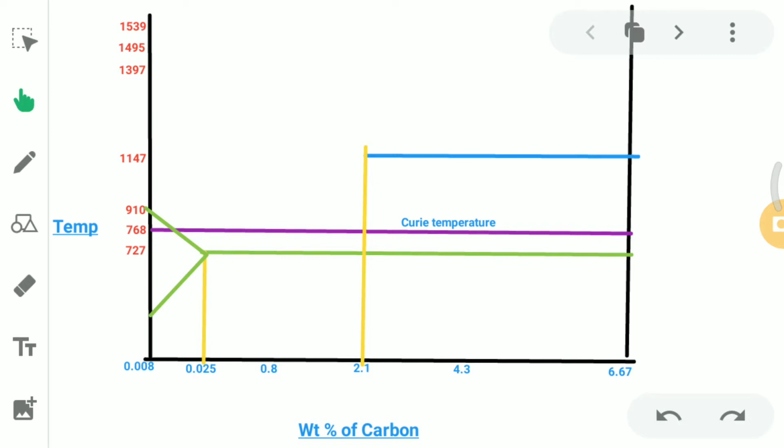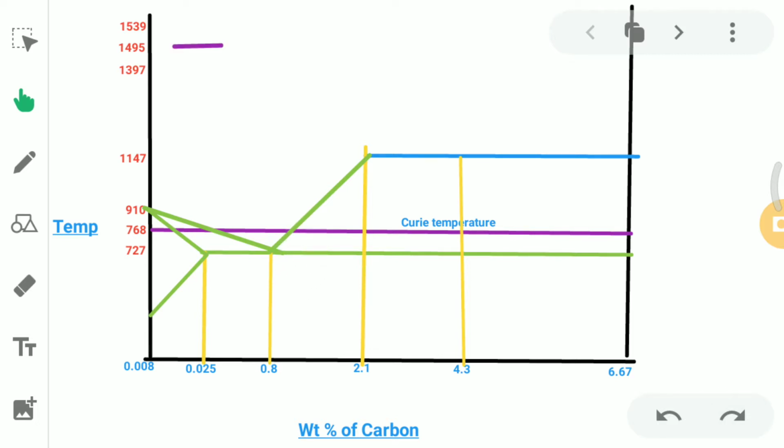And draw a line like this. It will connect 910 to the 0.8 composition. Okay, friends. Next, connect this line to this one. The bottom part of the iron carbide diagram is completed, friends.